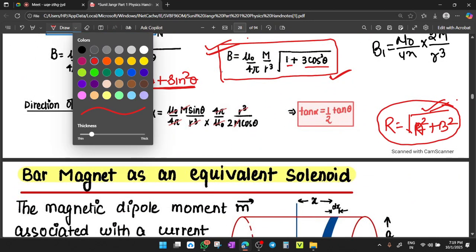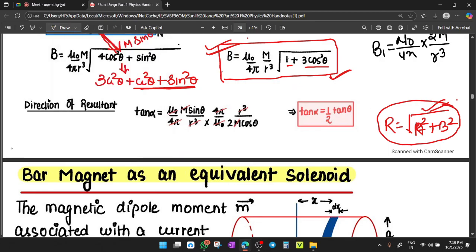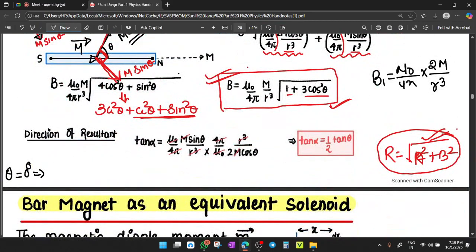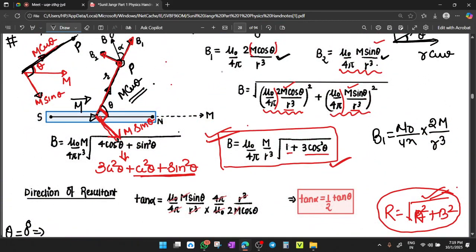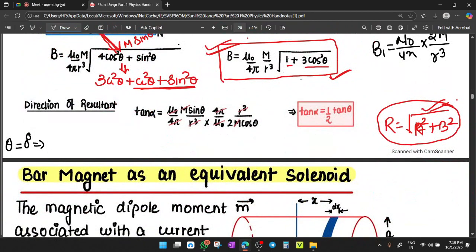How? Let us see. If you put theta equal to 0 degree, it means you reduce this angle, so this vector will lie along this direction, and the axial condition arises. Let's put theta equal to 0 degree here.